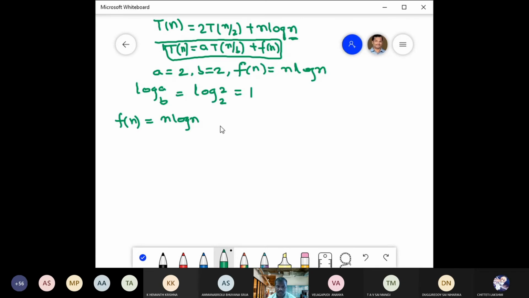So you should express it as theta of n power c, and then you check the value of c. N log n should be expressed as theta of n power c. All of you do that.